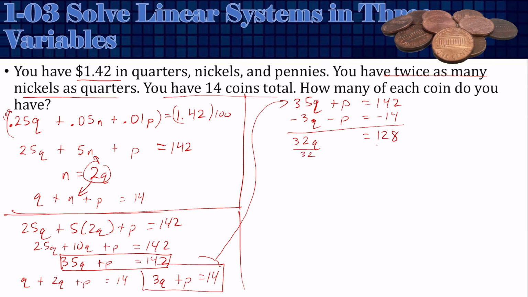So divide by the 32 to get Q, and we get 4 quarters. Now it'd be bad to get fractions of the number of quarters. So we have 4 quarters.